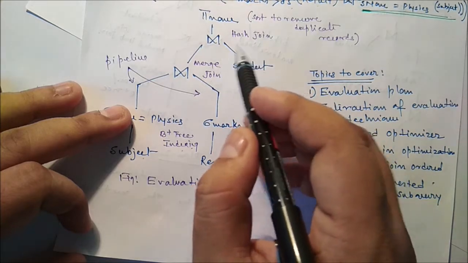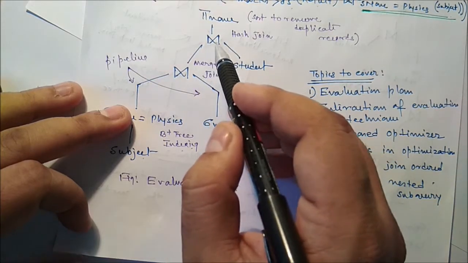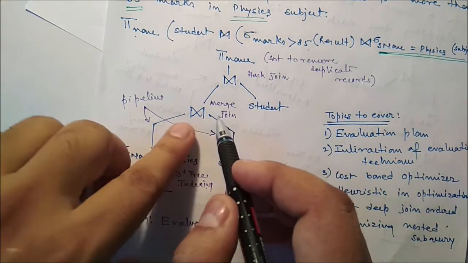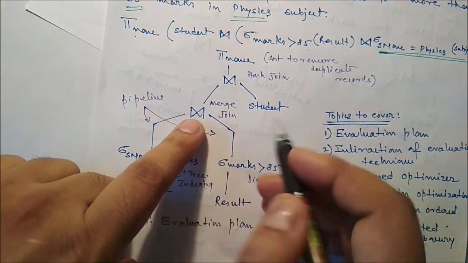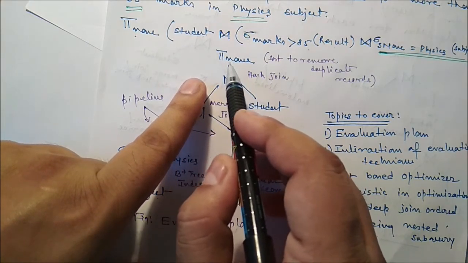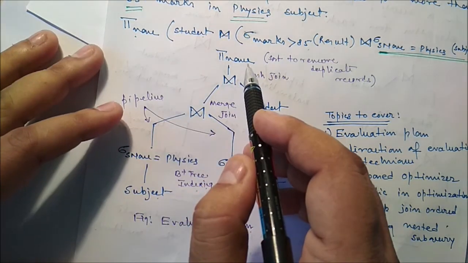And after that, another join is there, we may use a hash join. We have to join the intermediate table from this join with the student table, and from that we have to apply the projection operation.